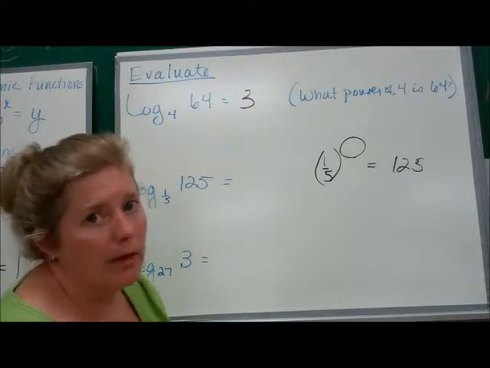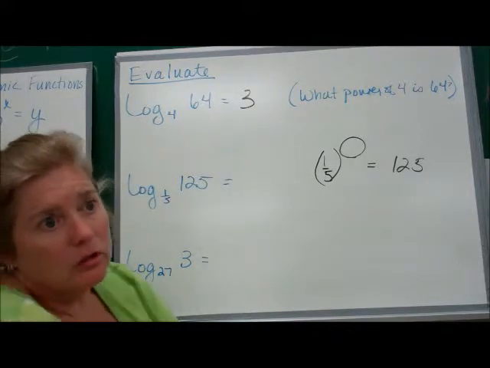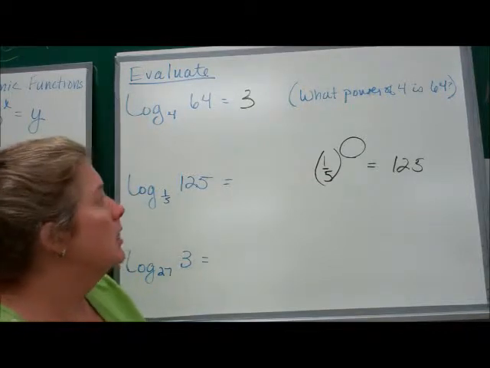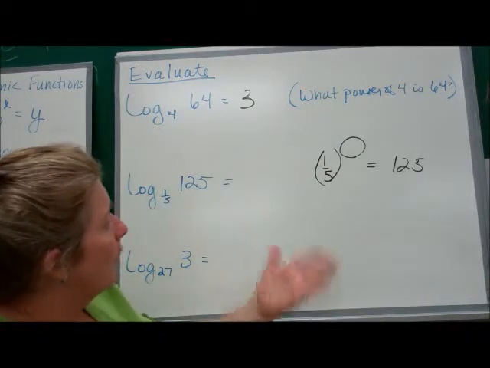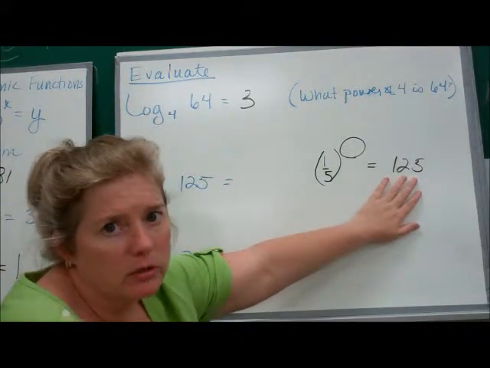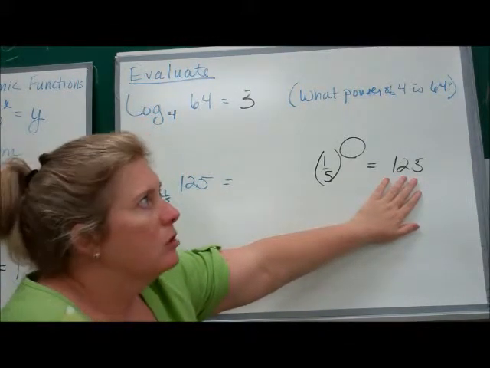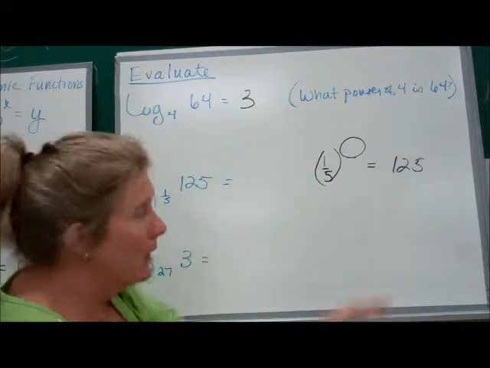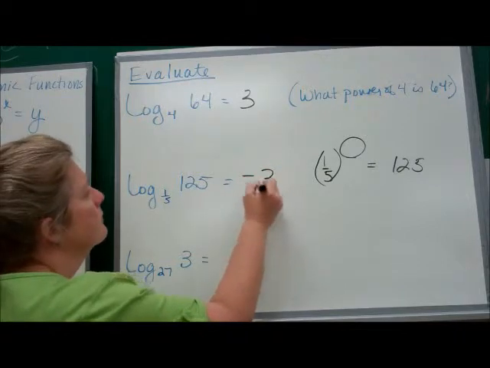You can even have rational exponents. So exponents come in positives and negatives and rational numbers. So think about that. 1/5, well, I know 5 to the 3rd power is 125. So maybe 1/5 to the -3rd power is 125.